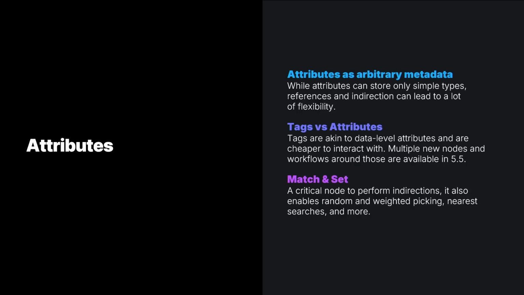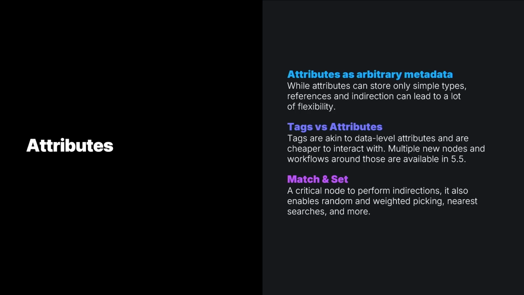So first off, attributes. Most of you that are familiar with PCG would know already what attributes are, but something that we're going to showcase a lot today is using not scalar types, but really a lot of references to objects and data tables and a lot more. That could be graphs, settings, and so on.